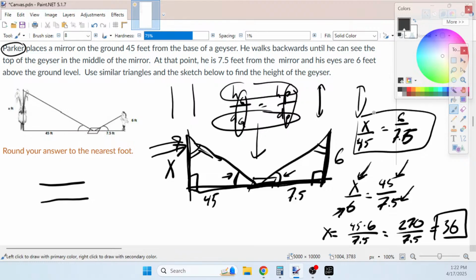I would have the geyser and Parker vertical, and the heights and distances horizontal, or I could set it up how I did. Either way works just fine. I like to try and put the variables in the numerator, just because that reduces the number of multiplications and divisions needed to finish the problem. But it's up to you.